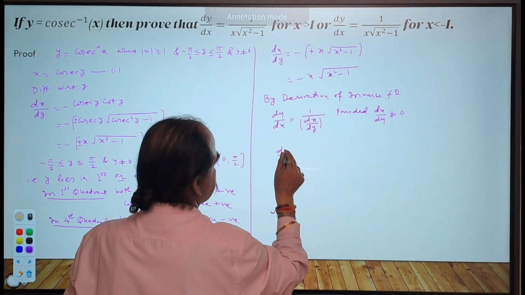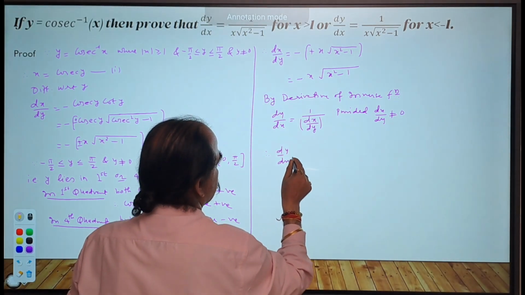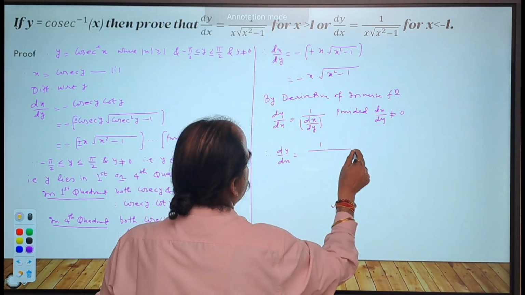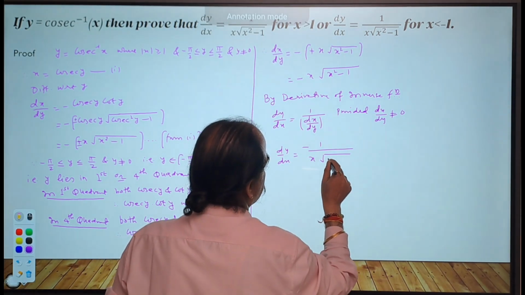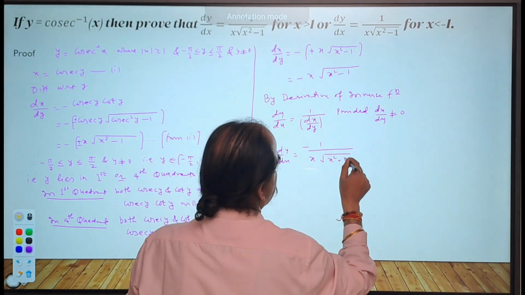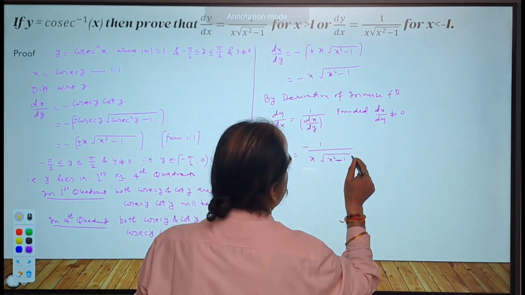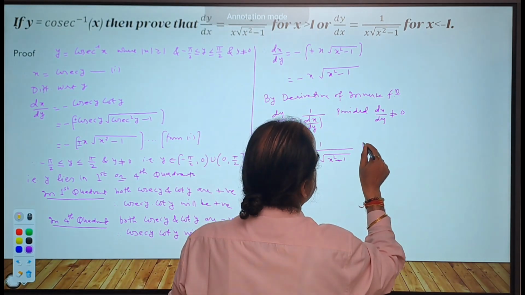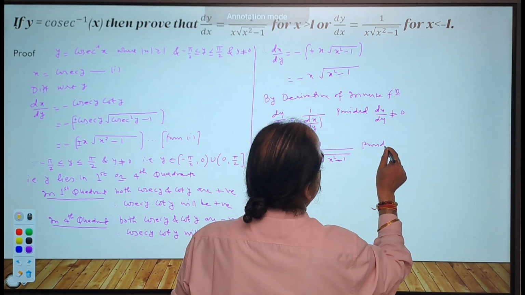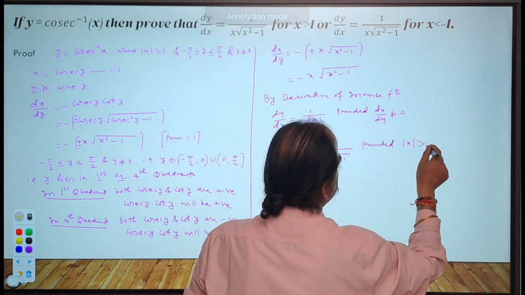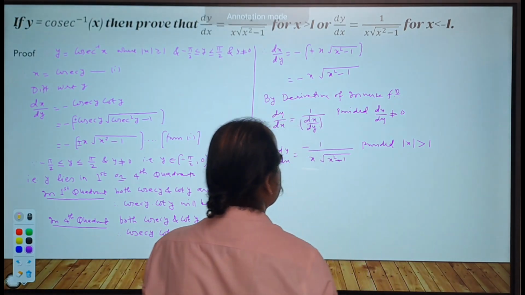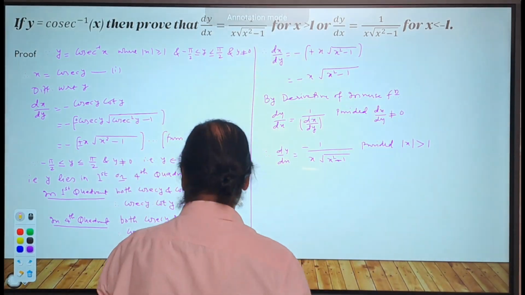So dy by dx is 1 upon x root x square minus 1 with negative sign, provided instead of equal it is just greater than 1. If it is equal, the denominator will become 0.